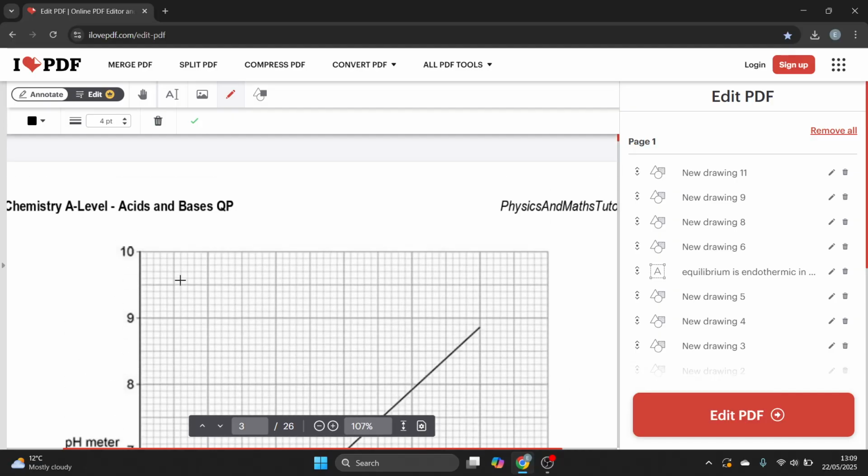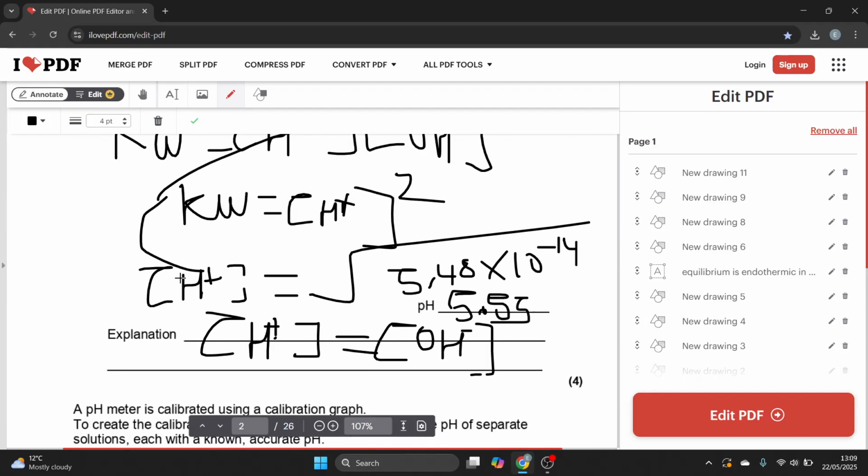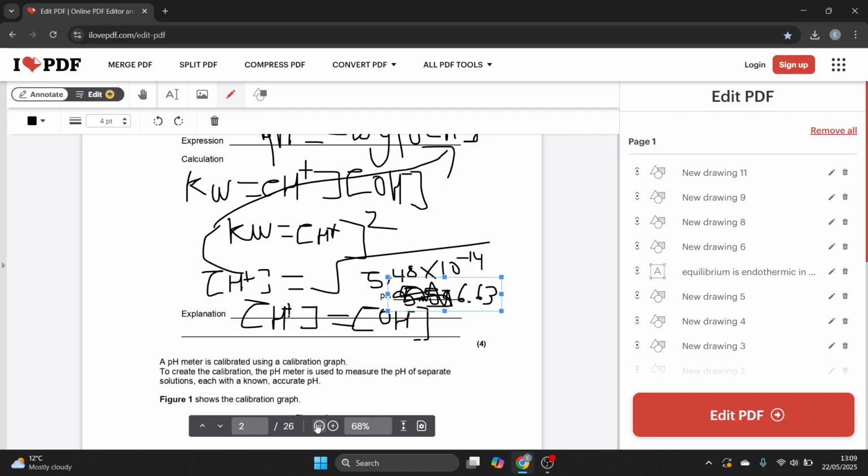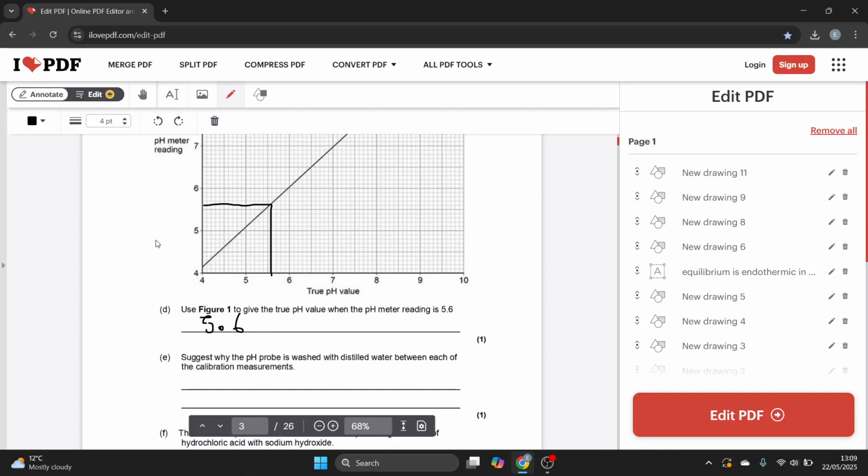And there was a silly mistake I made. That is not the answer. The answer is 6.63. I misread the mark scheme. 5.56 was the answer for the previous part.